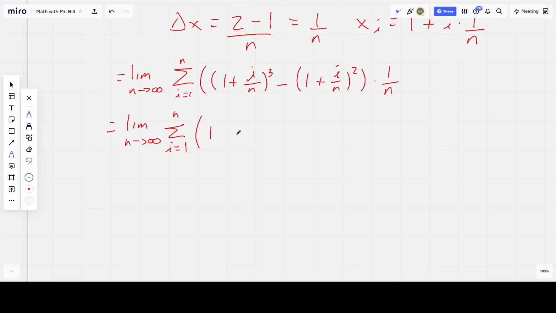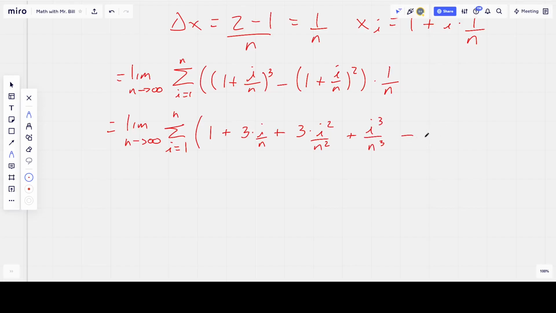So it's the first term, 1 cubed, plus 3 times 1 squared times the second term, plus 3 times 1 times the second term squared, so i squared over n squared, plus 1 times the second term cubed, so i cubed over n cubed.